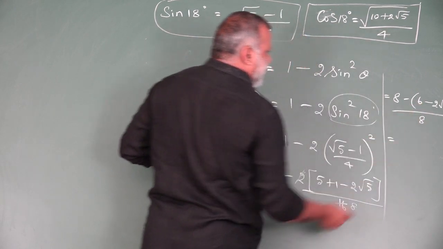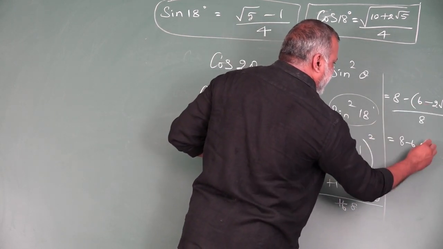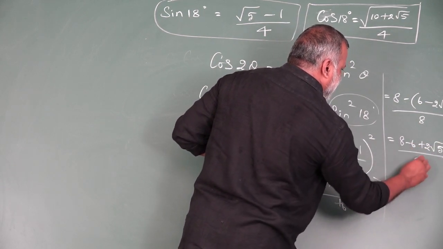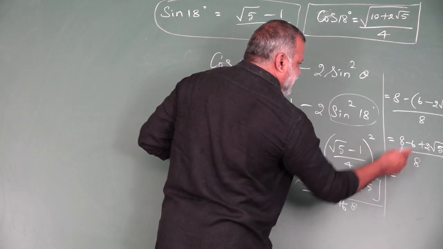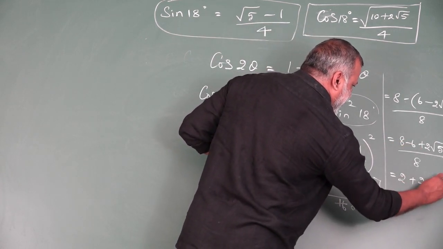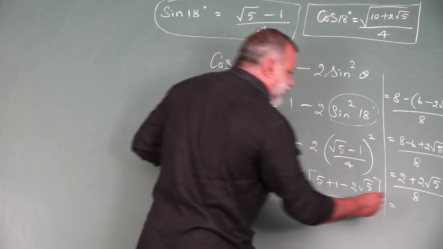So again open the bracket. We can get 8 minus 6, minus of minus plus 2 root 5, divided by 8. So 8 and 6 will be simplified and we get 2 plus 2 root 5, divided by 8. Take out 2 as a common factor.